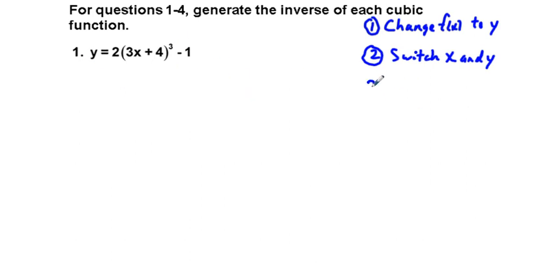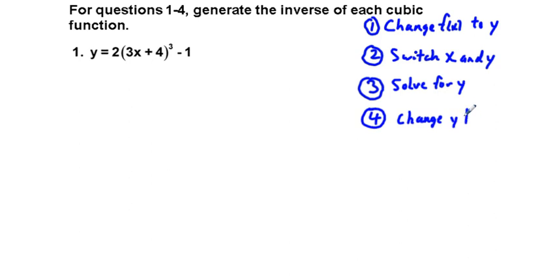Third step is going to be to solve for y. And that's usually the longest step because there could be several steps within that solving for y. And the last step would be to take that y that we solve for and change it to the inverse function notation f negative 1 of x.